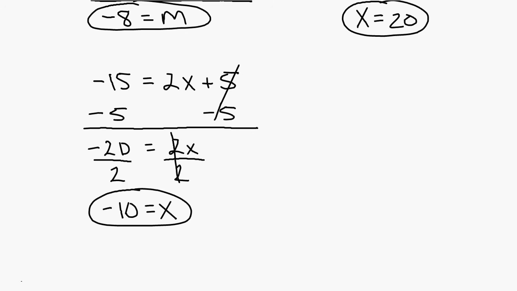Is it making sense? Yeah. Okay. So then the next progression will be when the variable is being divided by a number. Okay? m divided by 5 plus 4 equals 11.